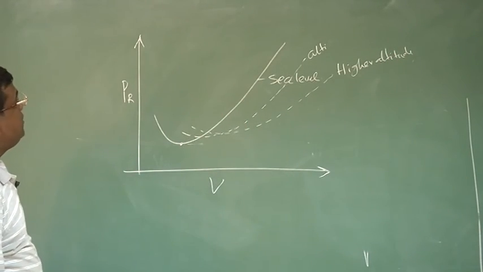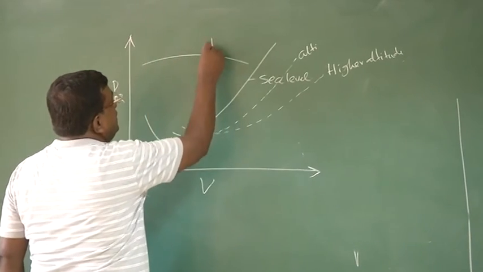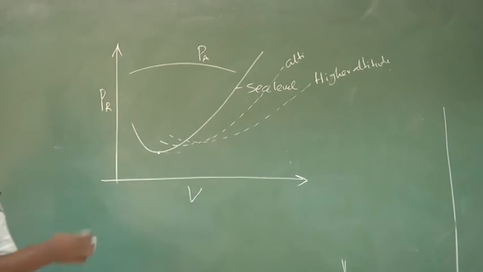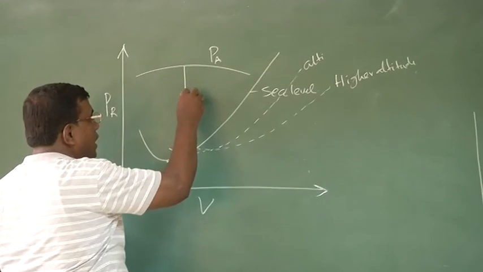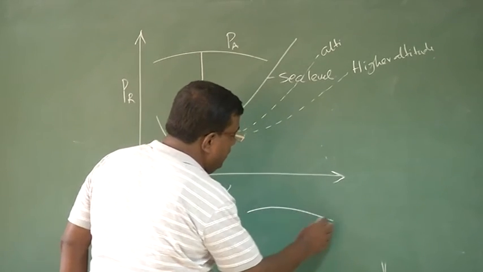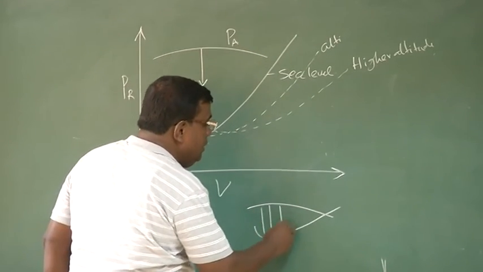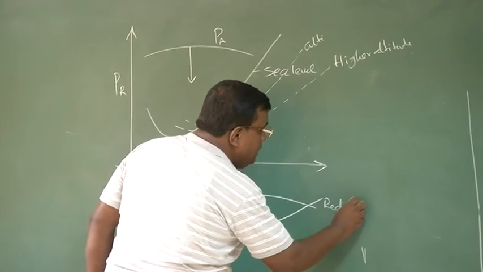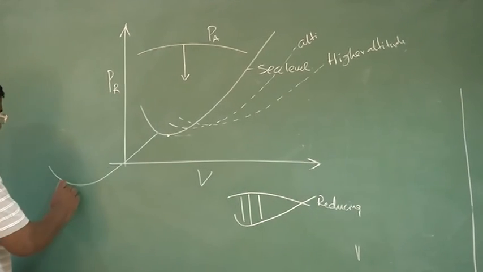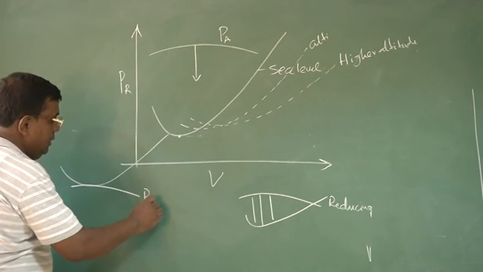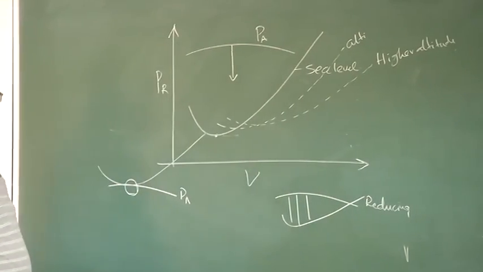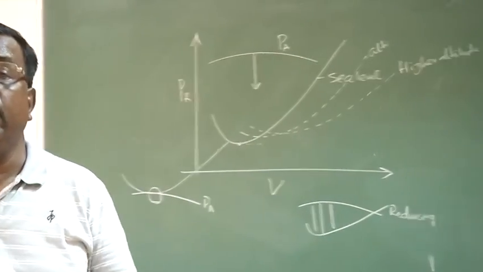What happens to thrust or power available? The power available was, let's say, here, typically for an IC engine propeller combination. As I go higher and higher, this curve goes down, this other curve rotates upward. So the more you go, this gap will go on reducing. There will be an altitude where the power available is just matching the power required, and this is the point where you have absolutely no excess power for rate of climb.